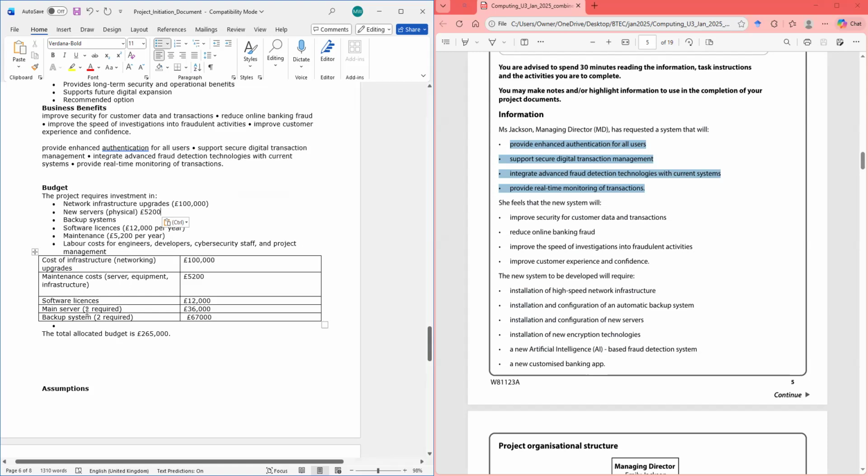Backup system is 67,000. The main server, new server start 52. Maintenance is 36. Sixty-seven, 36.